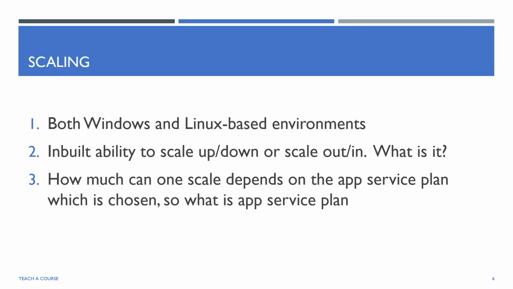So this is going to provide us the hardware required for running your application. In fact, one or more applications can be chosen to run on the same app service plan. So it is a kind of a layer on which you can run more than one application as well, right?